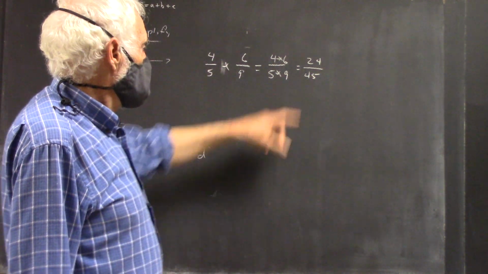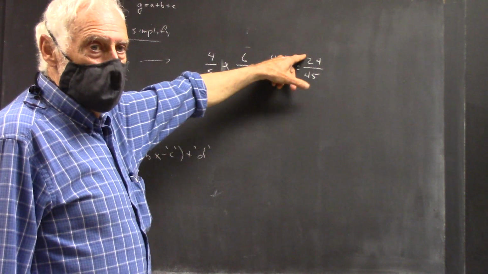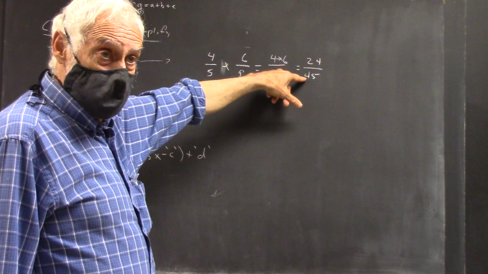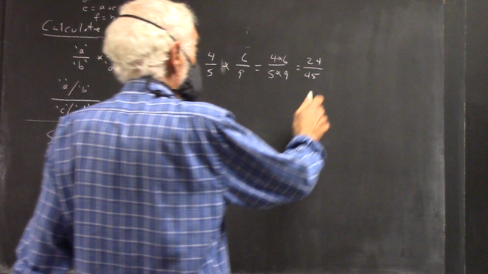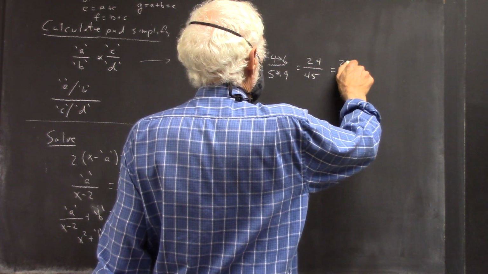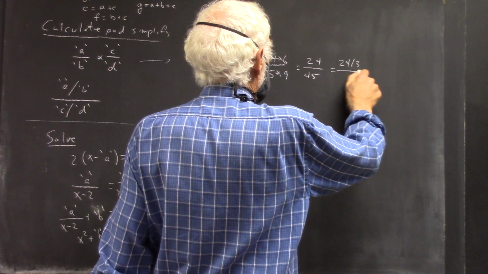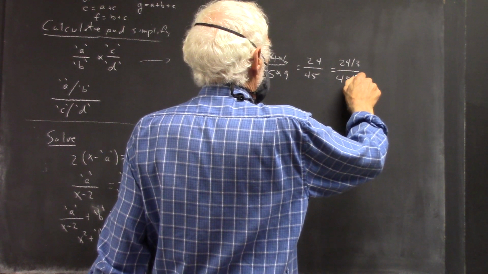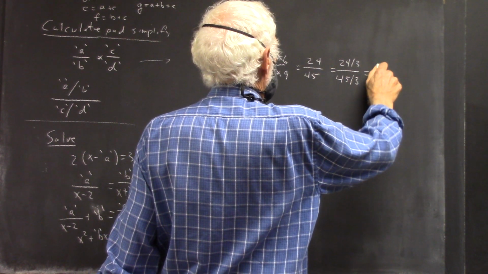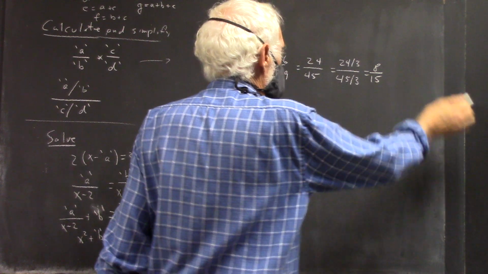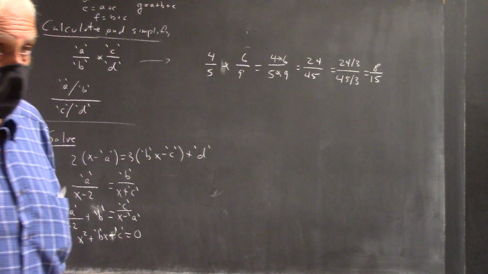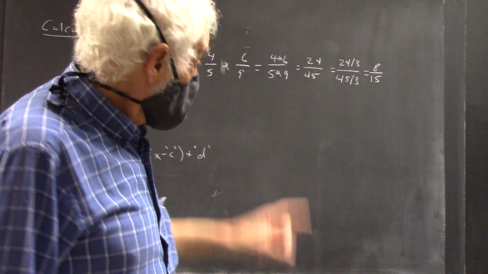Now, 24 over 45, both of these are divisible by 3. So divide this by 3. And divide the 45 by 3 and you get 8 over 15. And that one doesn't reduce. Okay? Now there's another way to reduce that.